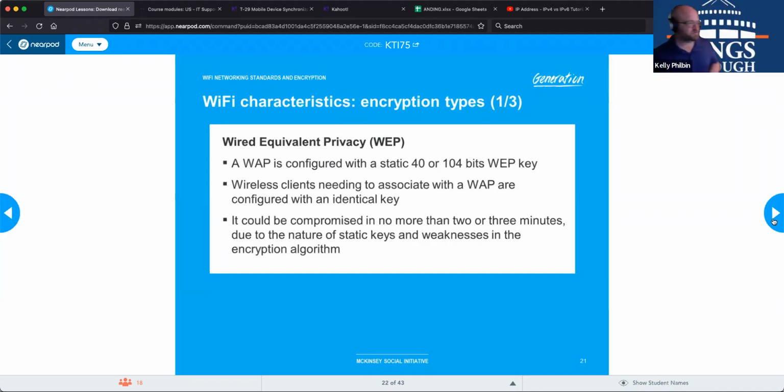This was configured with a static key, which means it never changes, a 40 or 104-bit WEP key. If you want to communicate with that device, you have to be configured with the identical key in order to communicate so that the standard can be encrypted.